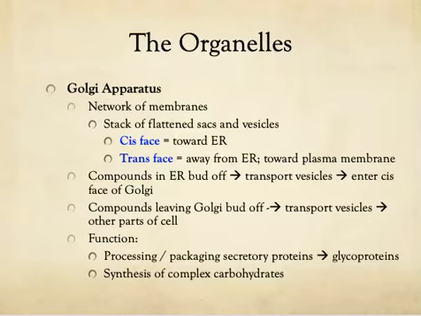Small chains of carbohydrate will be added on to protein in the Golgi apparatus, creating what are referred to as glycoproteins. Interestingly enough, complex carbohydrates are also synthesized inside the Golgi apparatus.